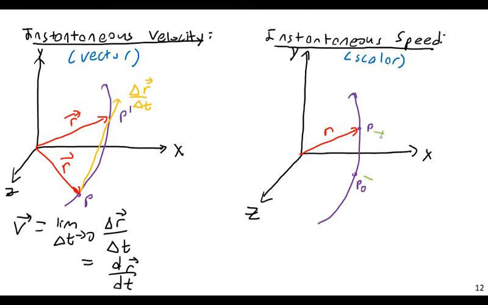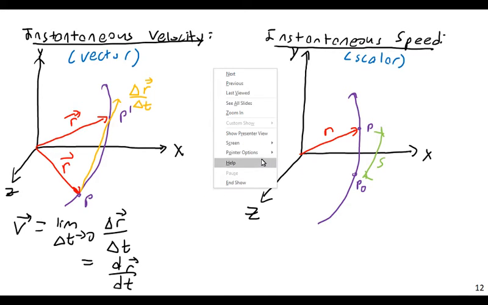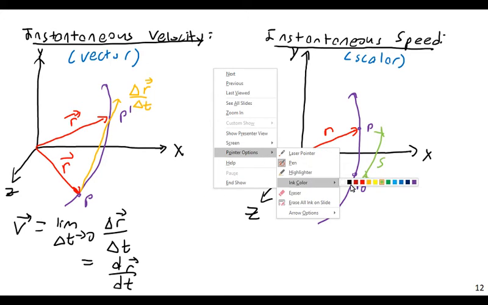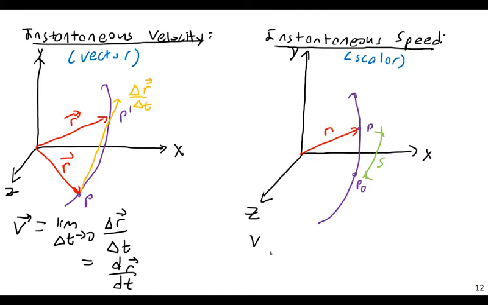Here I'm going to use v again, but I'm not going to use a vector. It is the limit as delta t approaches 0 of delta s over delta t, or ds dt.